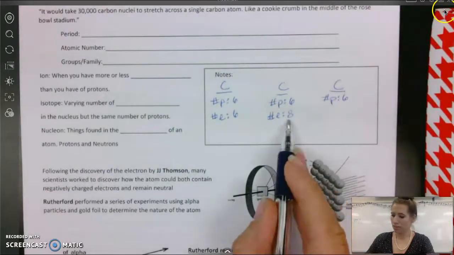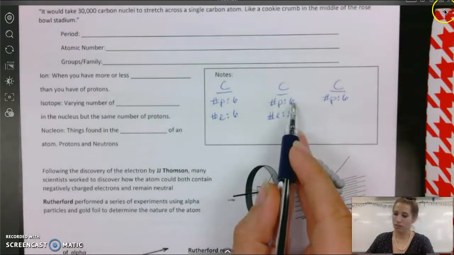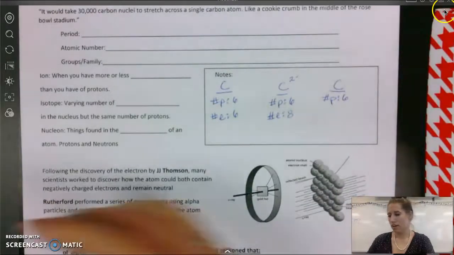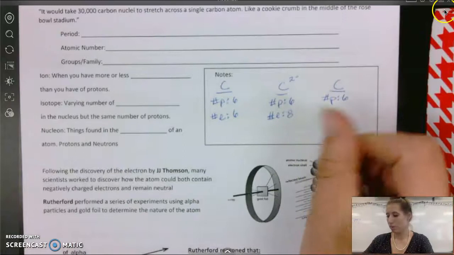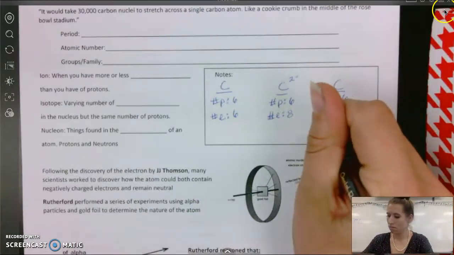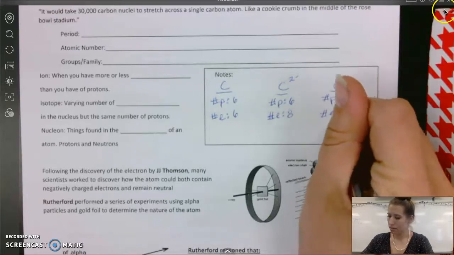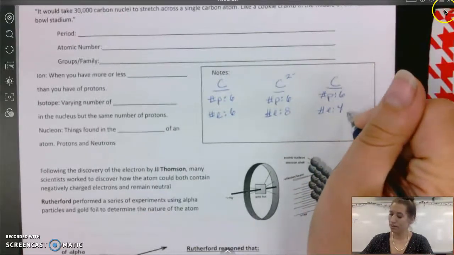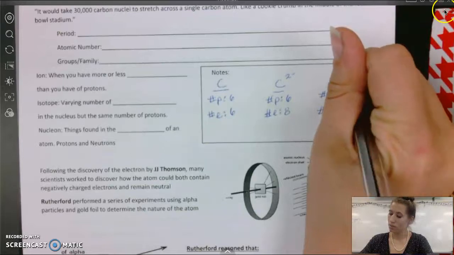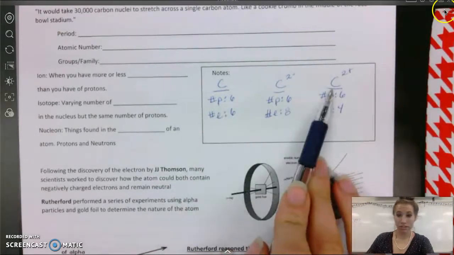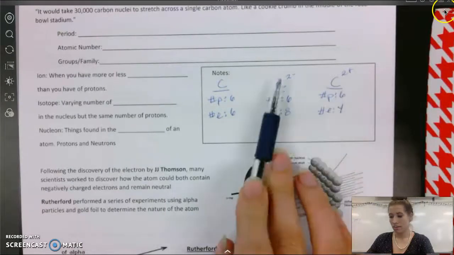There are 2 more negative charges than there are positive ones, so this would be a carbon 2-. And then if we had 4 electrons, then we have 2 more positives than negatives, so this would be a 2+. So this one's neutral, and these 2 are ions. We have a cation and an anion.